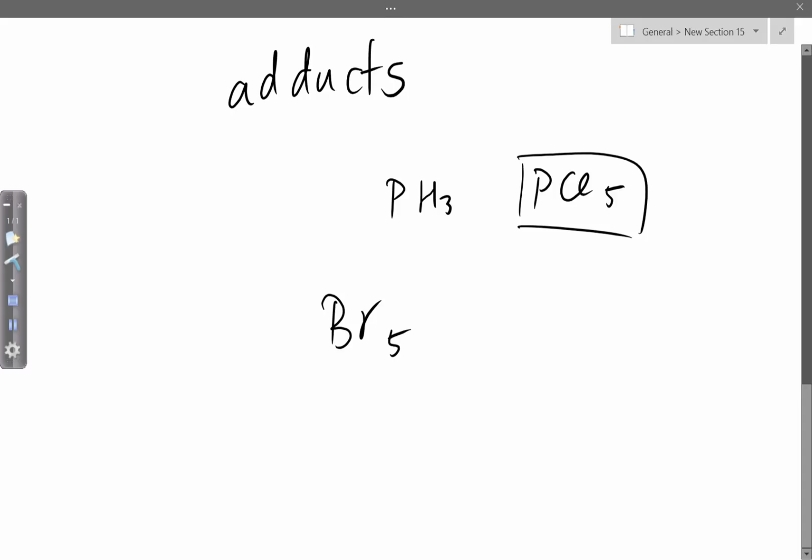Yes. Why? Another way you can say is that each has 7 valence electrons. 5 times 7 is 35. There's no way to pair up all the electrons, correct? So this is the fastest way.